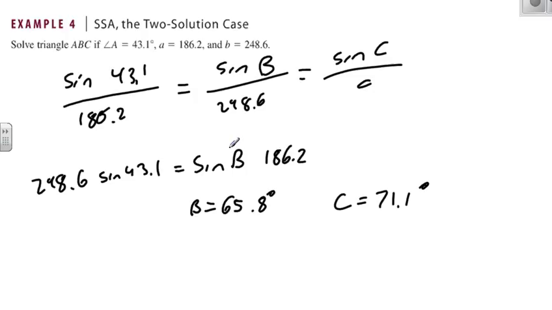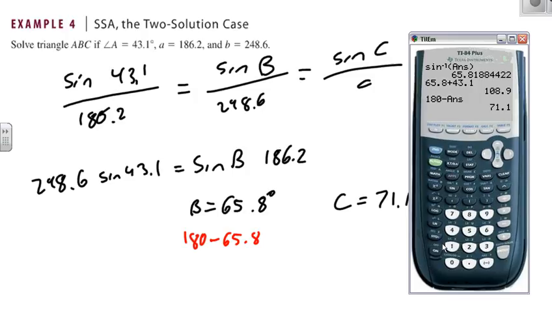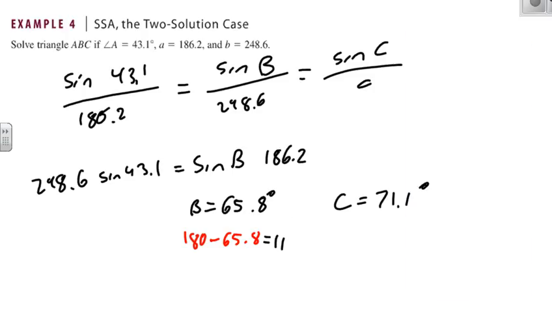Now, one of the things you need to remember with this is whenever you're doing sine and get one of these values, all that has to be is the reference angle, which means it could also be 180 minus that. So let's see if that would work. If we did 180 minus 65.8, that would be 114.2.